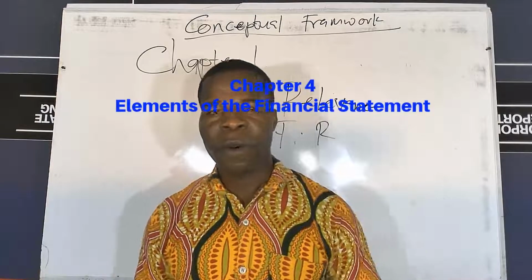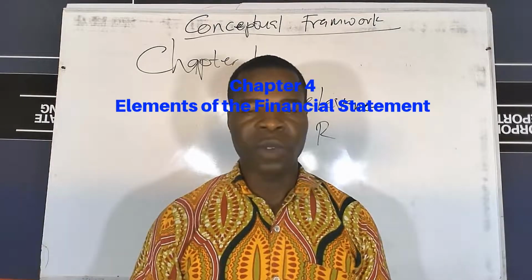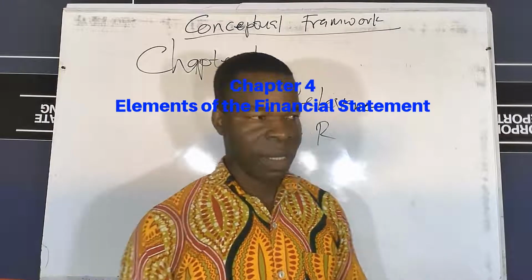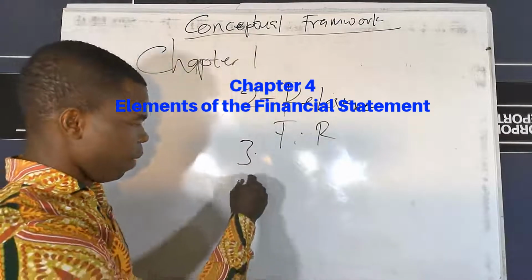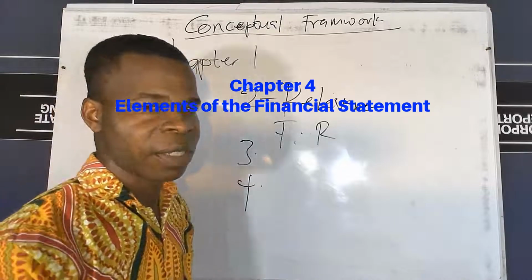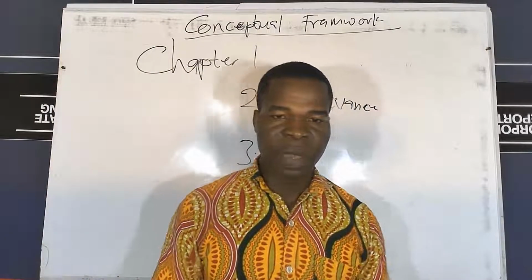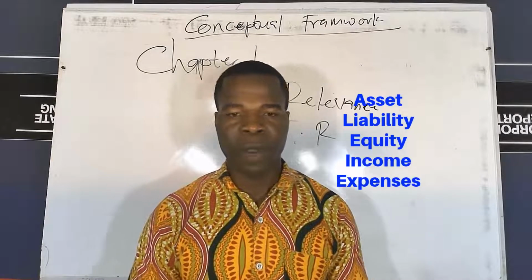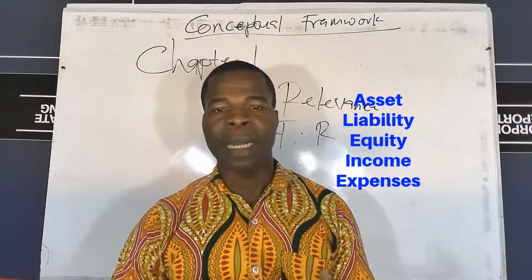Chapter 4 of the revised conceptual framework has to do with elements of the financial statement. With the elements, they are basically 5 in number. We have assets, liability, equity, income, and expense.